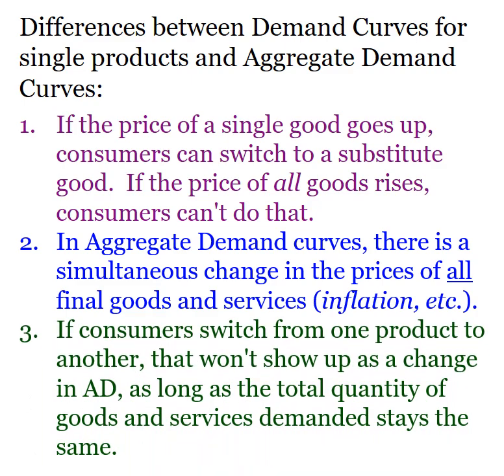And then finally, the reason why substitutes don't show up is the idea that if you drink fewer bottles of Coke and you switch to Pepsi, you're still buying soda. And if you're still buying the same amount of soda than you were buying before, then there's been no change in the overall quantity of goods and services. So as long as the thing that you're buying is still made in the same country, and that's an assumption that we do have to make.